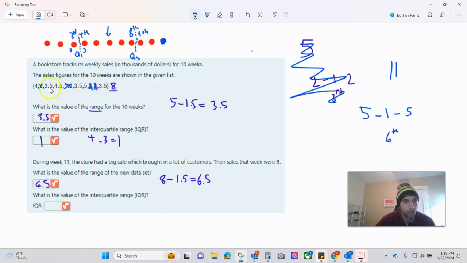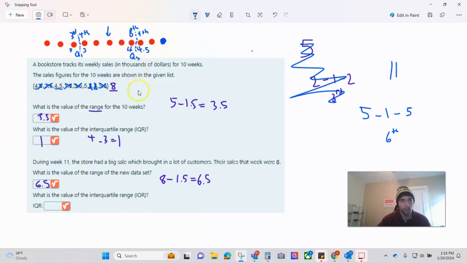Then that's my fifth number, my sixth number, my seventh number, my eighth number, and here's my ninth number. My eighth number is 4. My ninth number is 4.5.